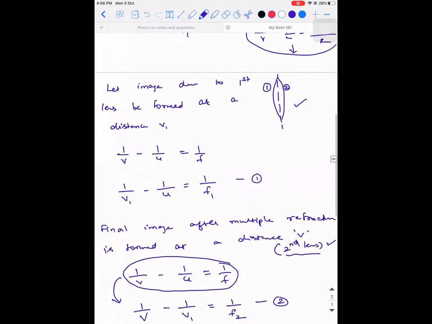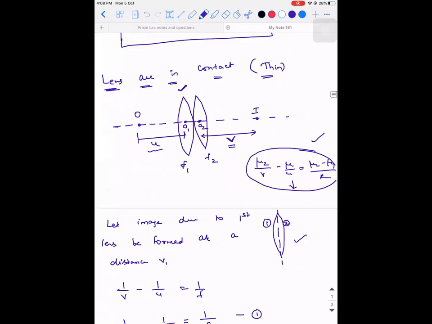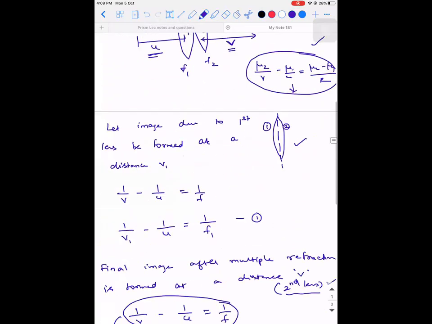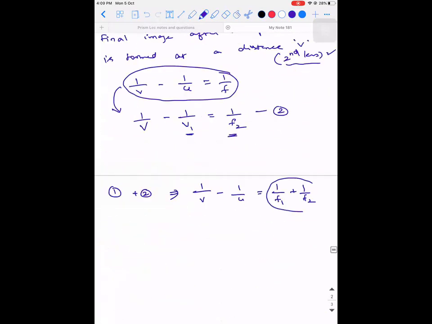From this, what we can conclude is V is the final position of the image and u is the object distance. I'm getting 1 by f1 plus 1 by f2 in the place of 1 by f. So this 1 by f is what is called the effective focal length. So 1 by f effective is equal to 1 by f1 plus 1 by f2.